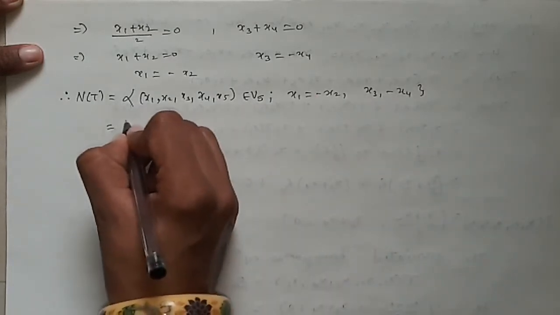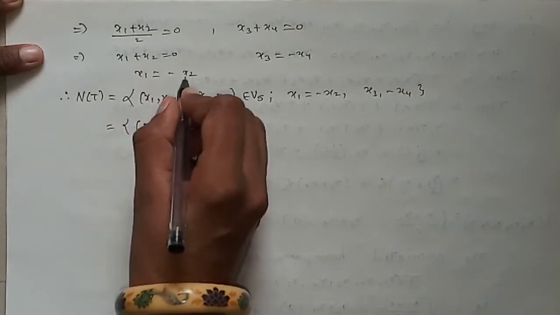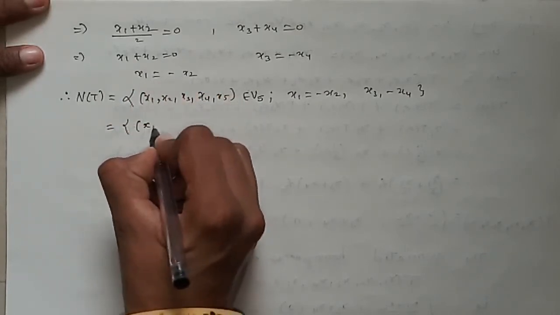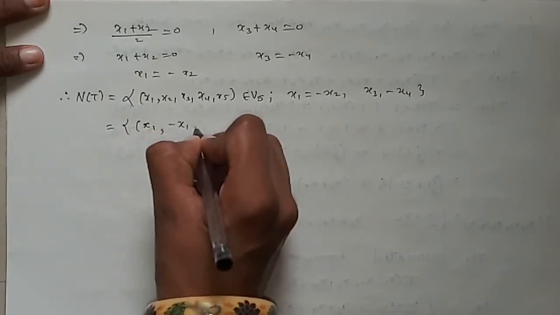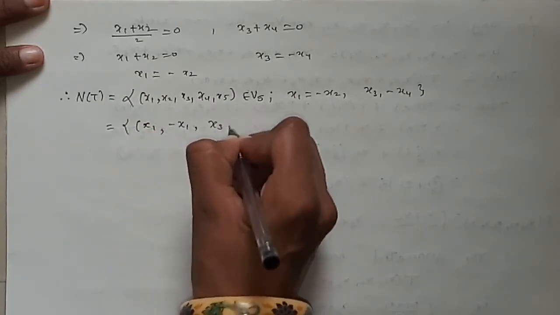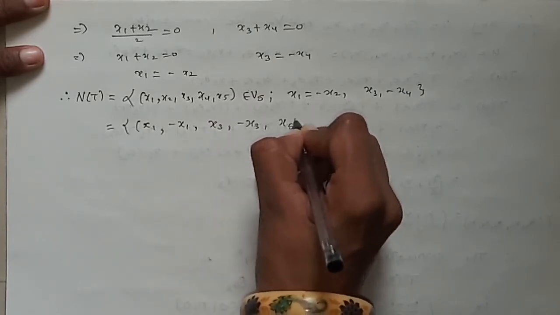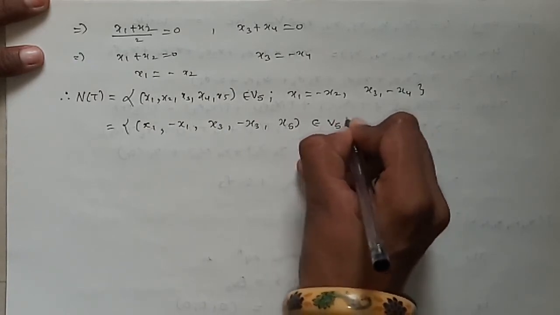So here x1 is equal to minus x2, so I will replace one by another. If I take x1 as x1 only and x2 as minus x1, x3 as x3 and x4 as minus x3 and x5 as it is, this all belongs to V5.